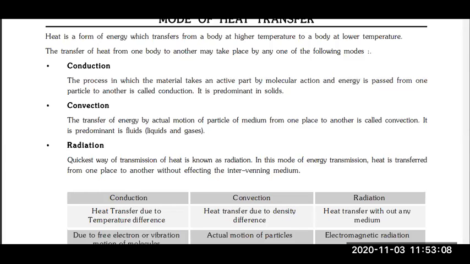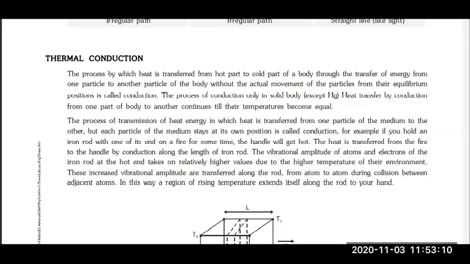Now when we talk about conduction, conduction is just like electricity. When you talk about electrical conduction in conductors, or electrical current, in the same way, when you talk about thermal conduction, the heat energy is passed on by one atom to another atom by vibration. Yes or no? Right?